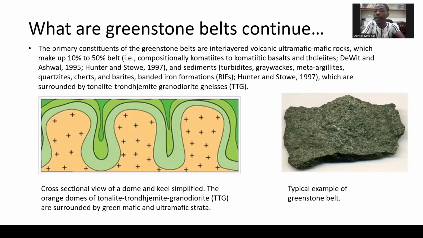But now the main constituents of these rocks are interlayered volcanic ultramafic to mafic rocks, which make up 10 to 50% of the belt. All right, so it means almost 50% of these greenstone belts is mafic to ultramafic volcanic rocks.